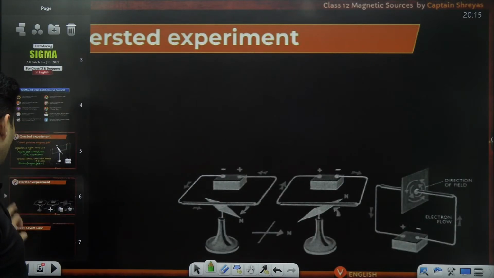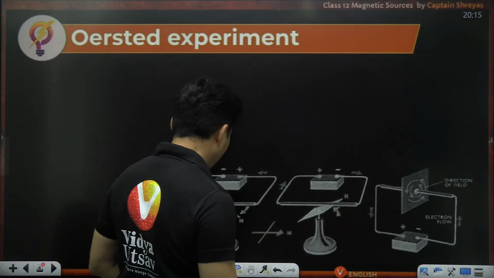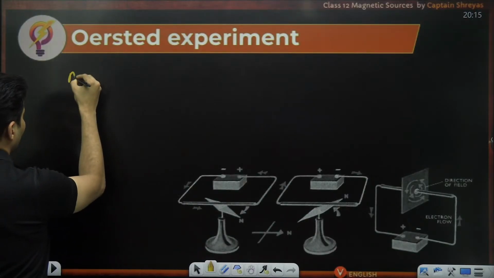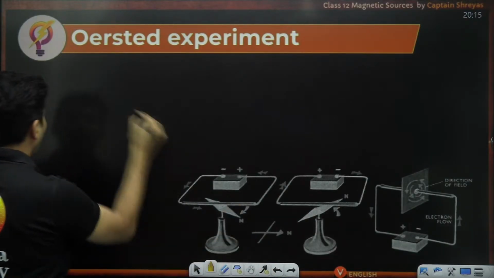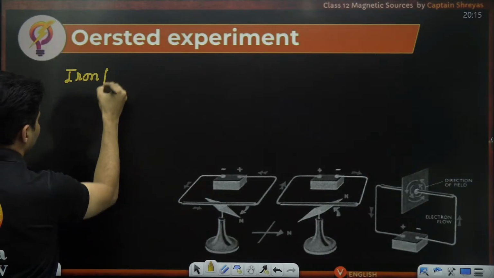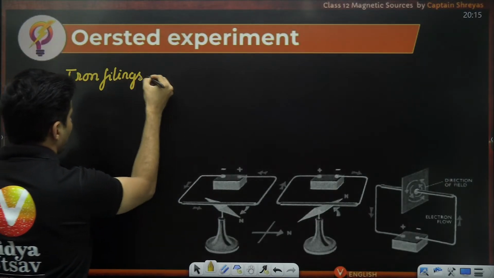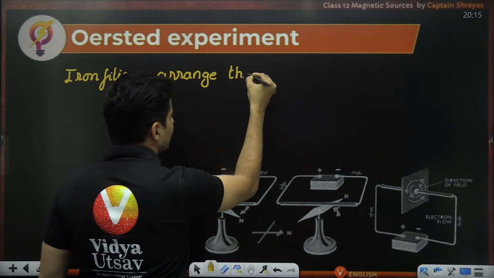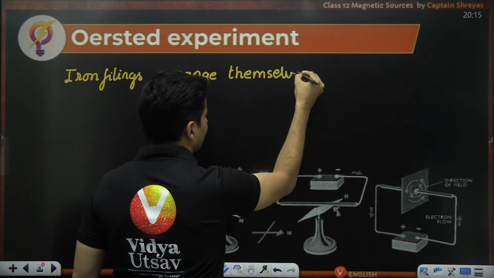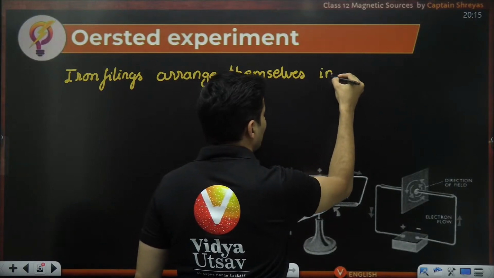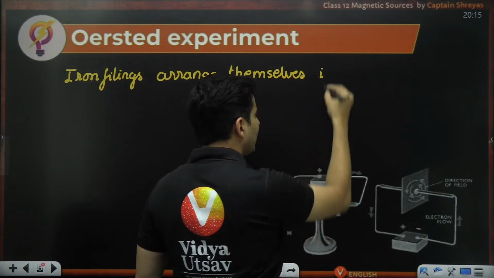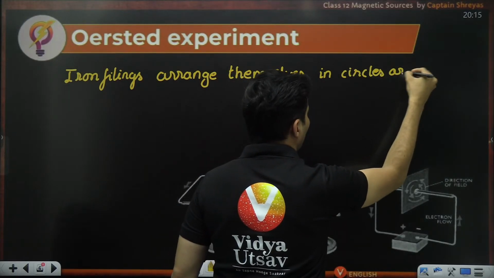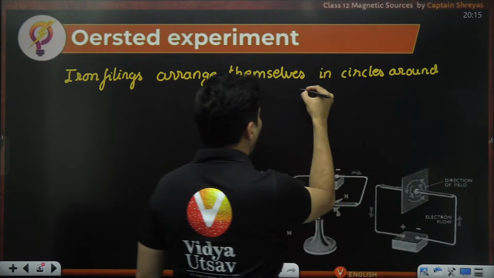And of course, talking about the magnetic field directions or how the magnetic field lines look, the iron filings arrange themselves in loops or in circles around the wire.